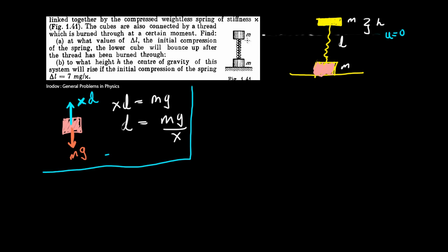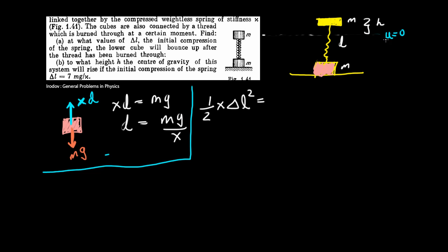So what is the initial energy then? Initially this is compressed by delta L, right? So the energy stored in the spring initially is 1/2 times the stiffness or the spring constant, which is x, times the compression squared. Compression is delta L squared, and that is my initial energy. And there is no potential energy because this particle is at the place where I called U to be 0.